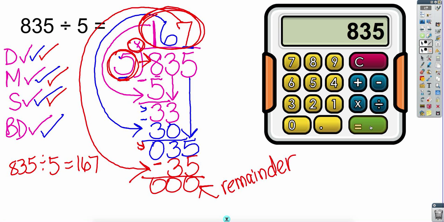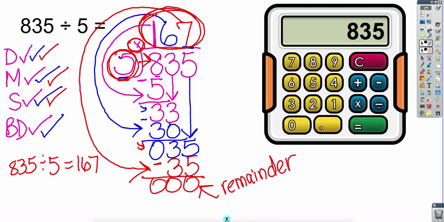There we go. So it is 835. I put it in the calculator wrong on purpose. You need to make sure that when you're entering or checking with a calculator or checking on your paper that you are using the correct numbers. It's so important.